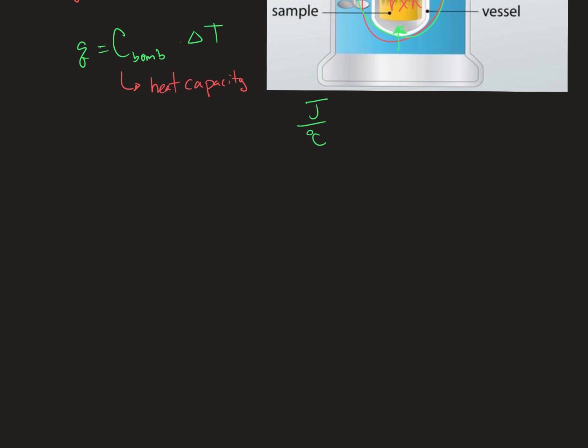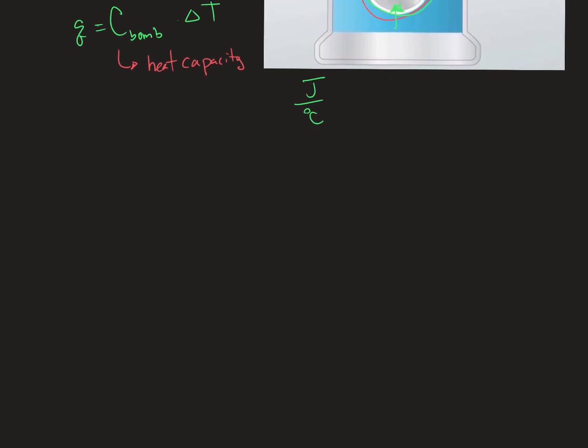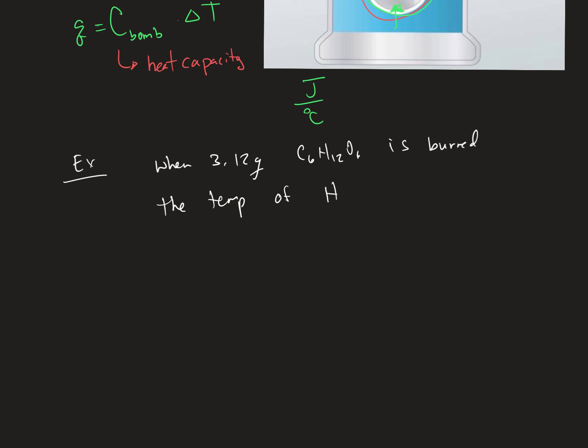Okay. All right. Let's do an example. So we have when 3.12 grams of glucose, C6H12O6, is burned in a bomb calorimeter, the temperature of the water increases from 23.8 degrees Celsius to 35.6 degrees Celsius.